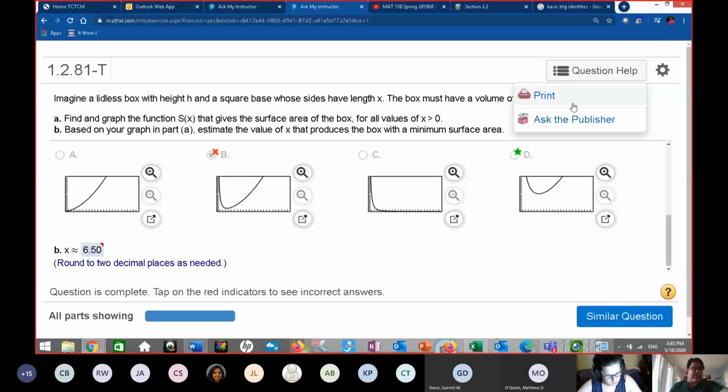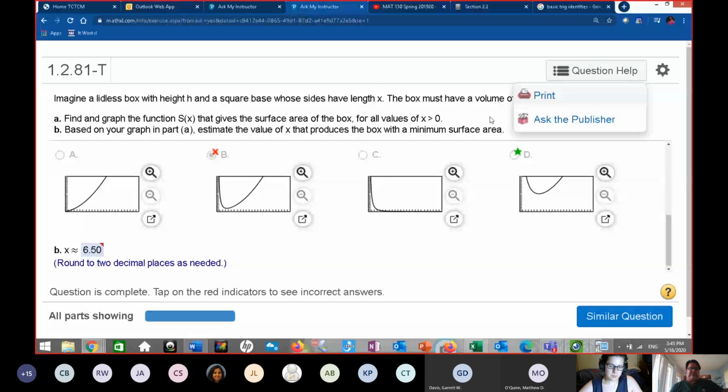Was that Mr. O'Quinn that said that you had one like this and you couldn't get the correct answer? Yeah, I had to do it like 3 or 4 times because I had to keep blowing up the window in order to get a small enough approximation for it. Did it have help me solve this, or did it have just these two? It just had those two. Yeah, I don't know if these are new questions or whatever. And I think Ms. Sterling knows what I'm talking about. We had this problem in 130.